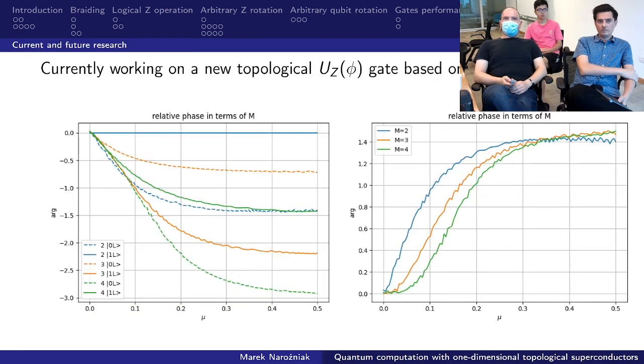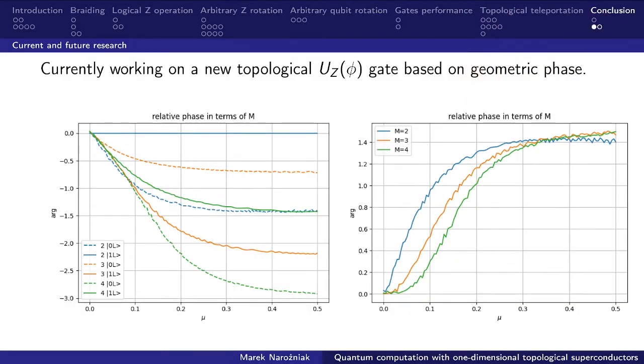And currently, what we are working on is developing a new kind of arbitrary rotation Z gate, which is based on geometric phase, in which we can create a relative phase by globally acting on the mu on-site potential parameter, and we only need a fixed rotation angle on the on-site braid.